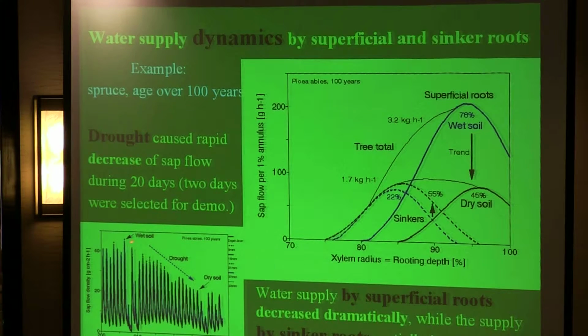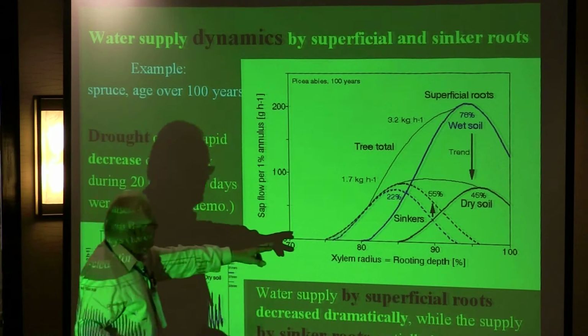This is another example. This is a seasonal record of sap flow rate, one peak per day. Until this point, there was enough water in the soil. Then there was a severe drought for 3 weeks. Of course, sap flow rate decreased. And when we look at the radial pattern of sap flow, it was like this. At the beginning, this blue line corresponds to superficial roots, and this to sinker roots.